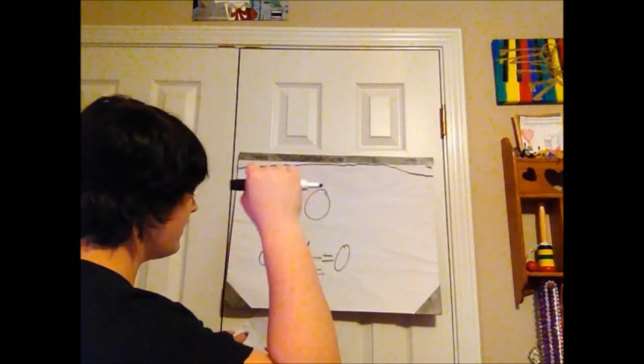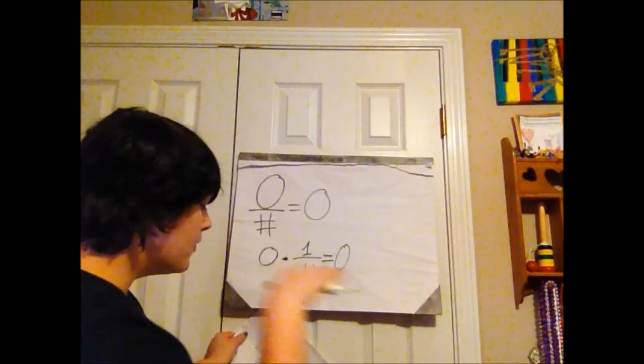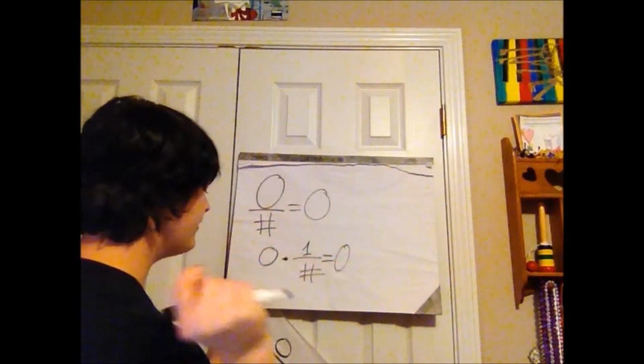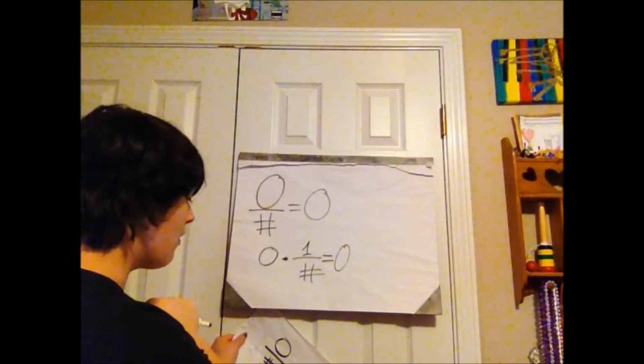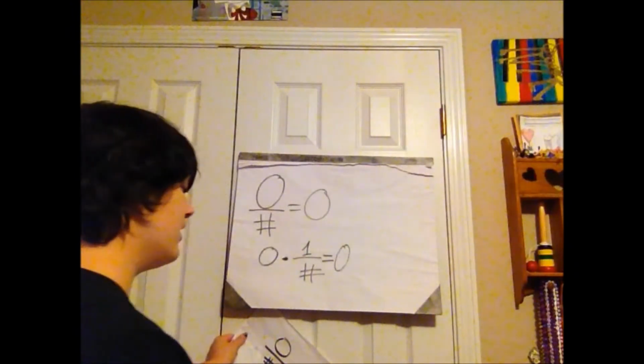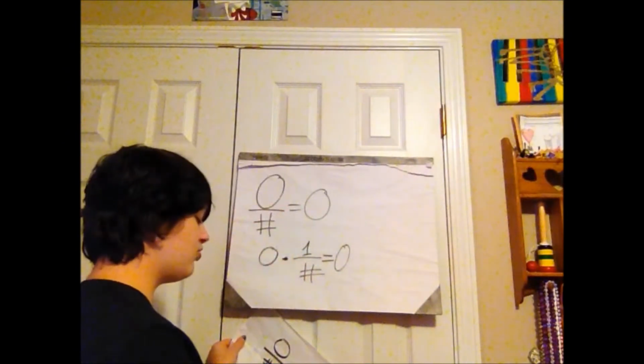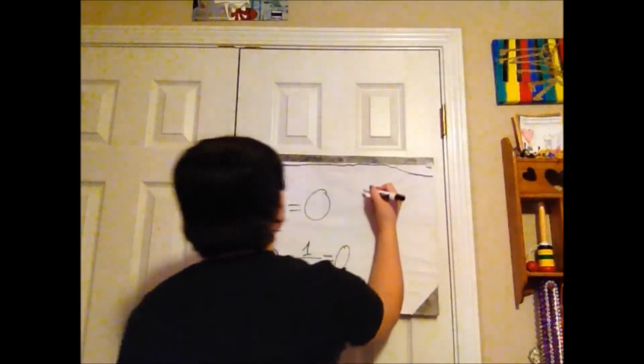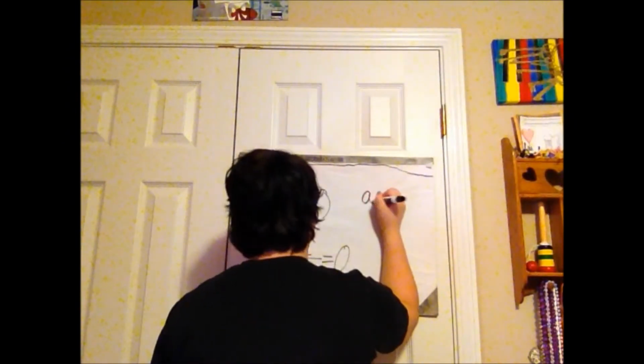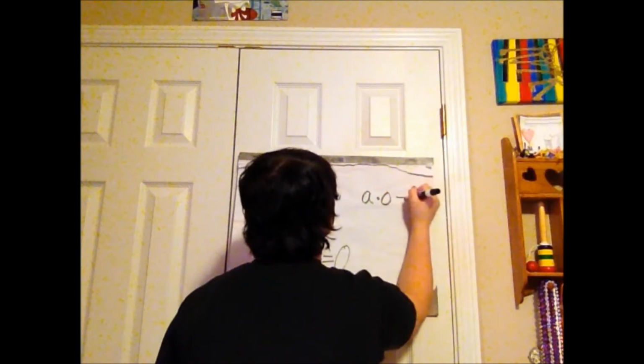This is because of the multiplication property of 0, that we know that 0 over any non-zero number will be 0. This is the multiplication property of 0. And it's just like a times 0 will always equal 0.